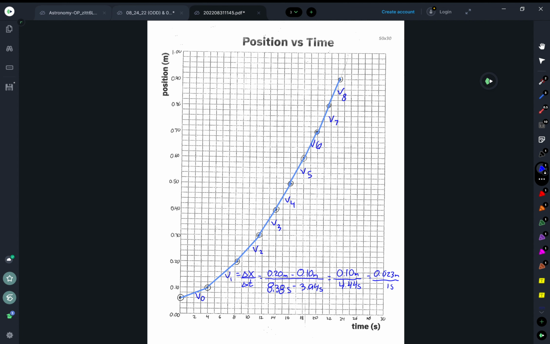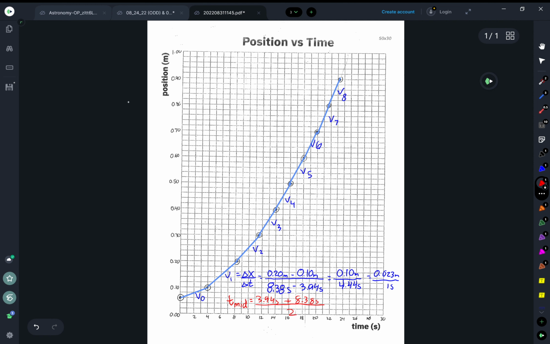So I'm also going to calculate my middle time in that region, T mid. The way that we're going to calculate it is that we're going to take the starting and ending times and add them together. So my 3.94 seconds is the time that would have started in this region, and I'm adding that to my 8.38 seconds where I ended up.